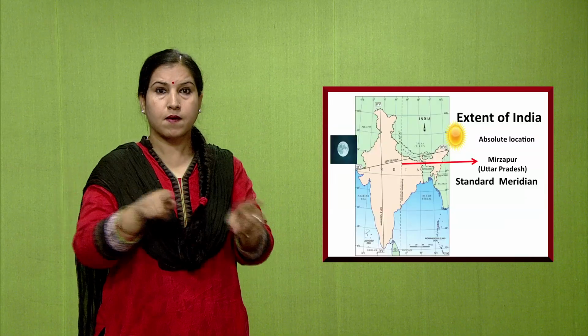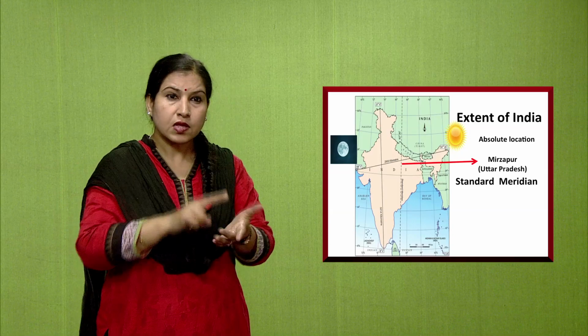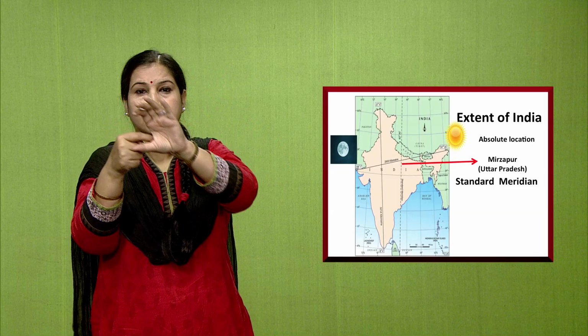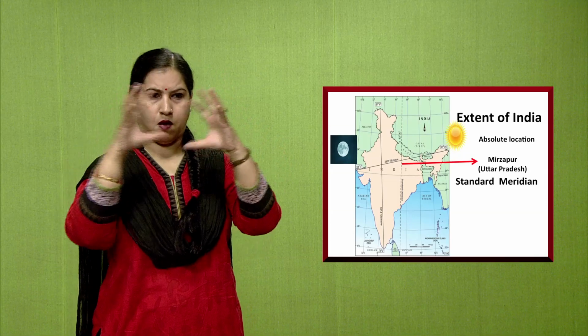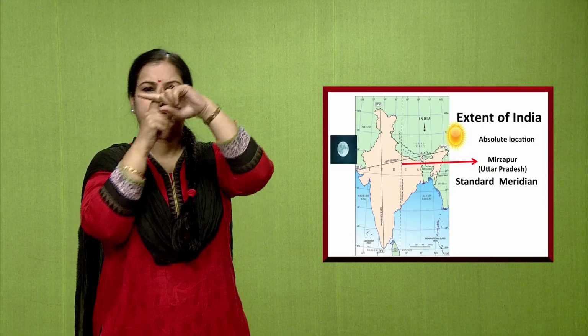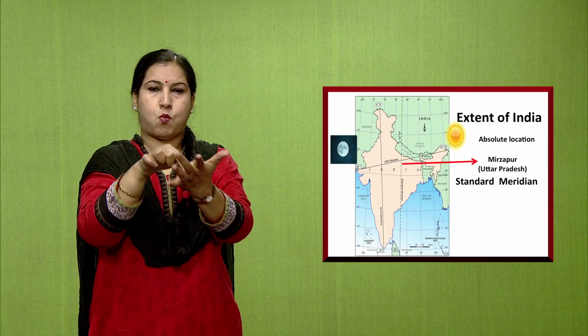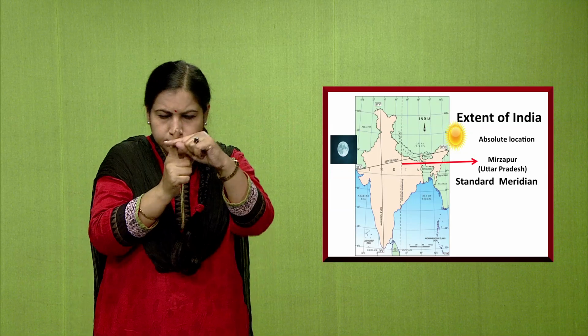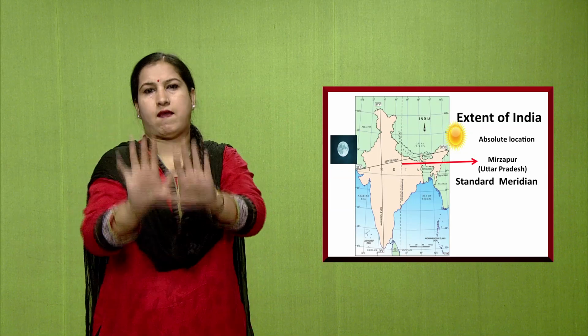India lies entirely in the northern hemisphere and eastern hemisphere. This is the absolute location of India in the world. You can see this on the globe.